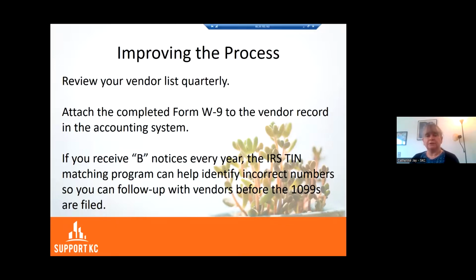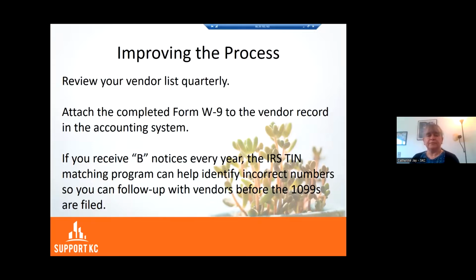For 2022, that's been lowered, and it's now anything above $600, regardless of how many transactions it was. So the credit card companies are going to be issuing a lot more 1099s this year than they have in the past few years. And your vendors should be seeing those 1099-Ks come to them in the mail.